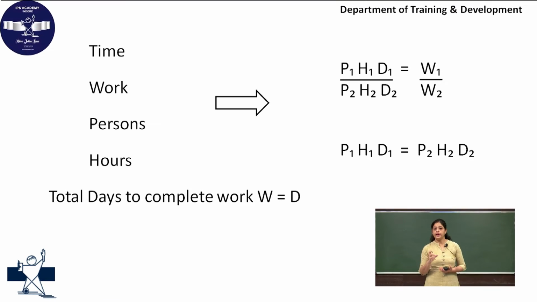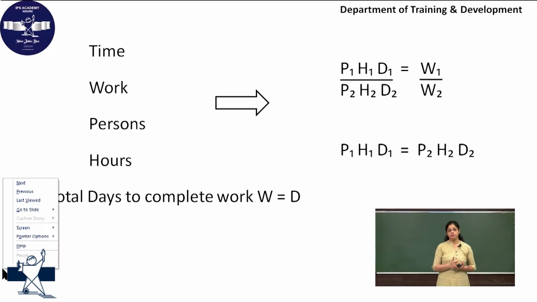So number of days, total number of days I am taking to complete the entire work, अगर हमें पता है तो we will always find 1 day's work. And this is very important to understand, because time and work में हम जो भी problem solve करते हैं, it is all based on the 1 day's work, because we are going to calculate 1 day's work and then based on that only all further calculations will be done.